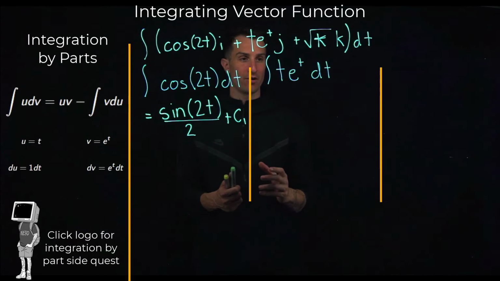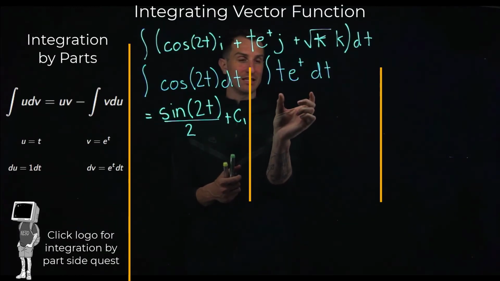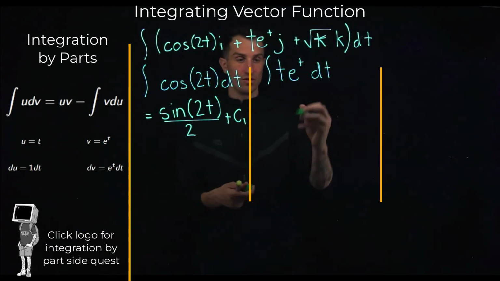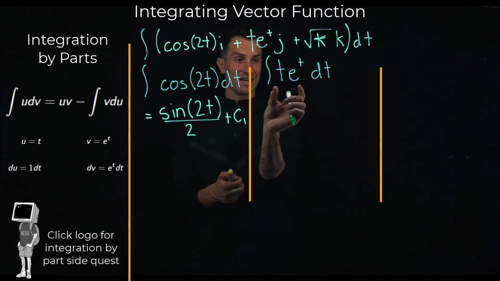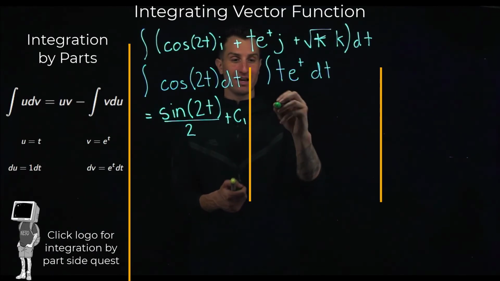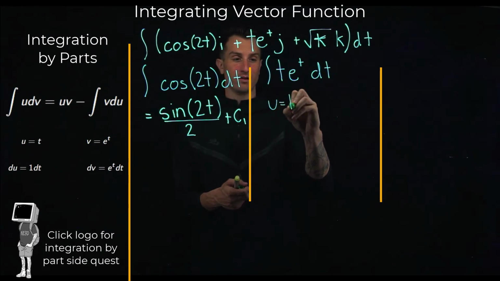So integration by parts, we need to pick one of these to be u and the other one to be dv. In this case, I'm going to set my u to be whichever one is going to help when I take the derivative. So which one is going to be nicer when I take the derivative? In this case, u is going to be equal to t, sorry, getting ahead of myself.